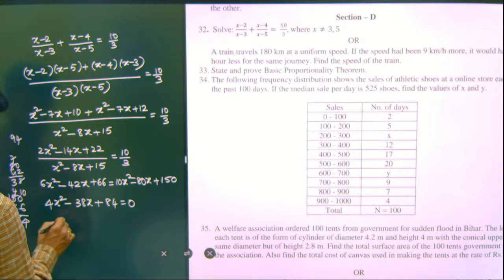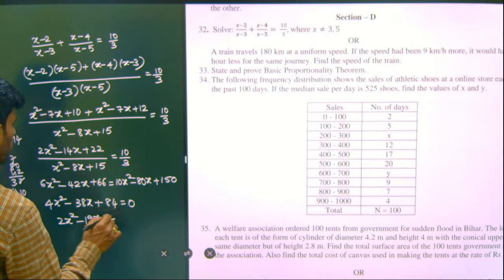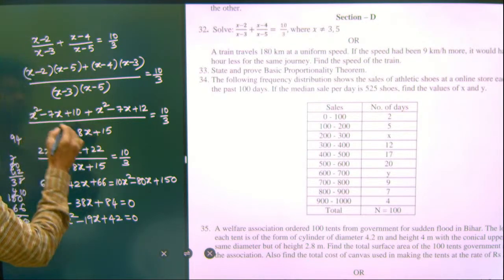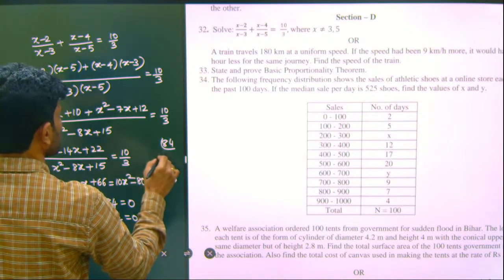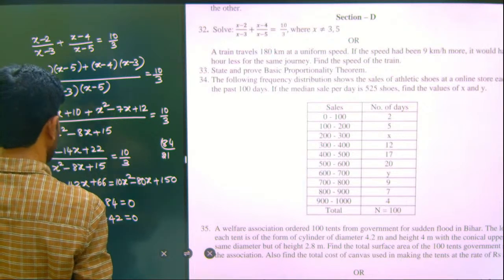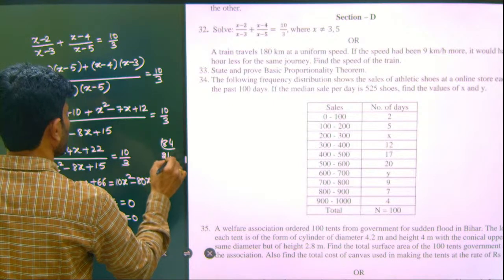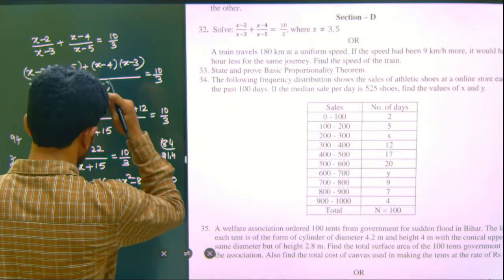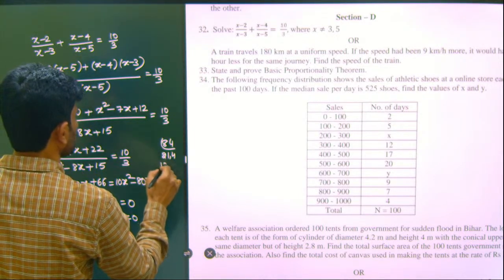So now if you divide everything with 2, 2x square minus 19x plus 42 is equal to 0. Now we have to get the factors of 84 such that we get 19. 84 factors, 21 into 4, another set, 12 and 7.